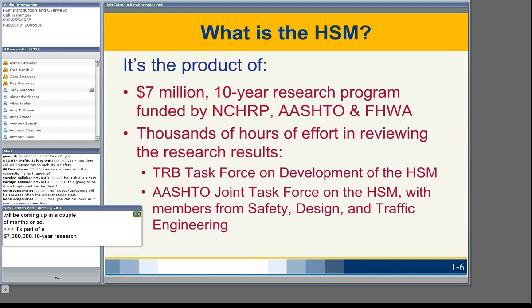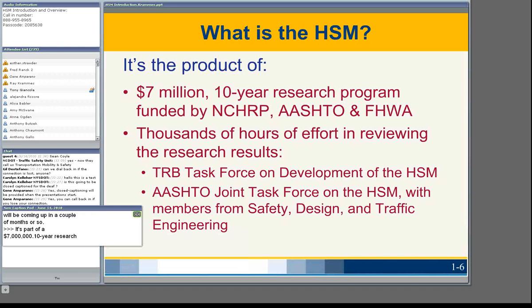It complements our existing design guidelines such as the AASHTO green book, which provide ranges of values for critical dimensions.